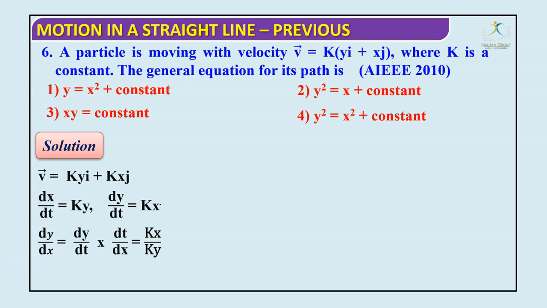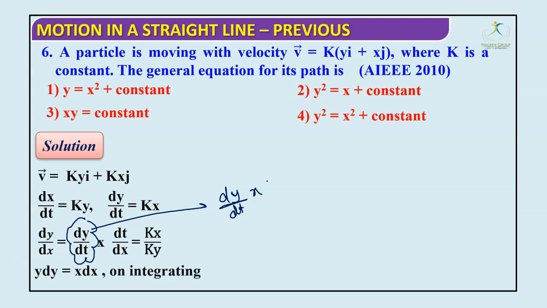That comes dy by dx is equal to dy by dt times dt by dx, which is kx by ky. So y dy is equal to x dx, on integrating, y square is equal to x square plus c. Hence the correct option is option 4.